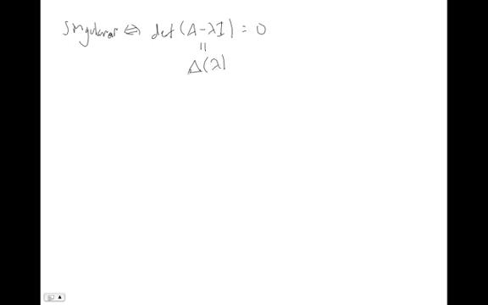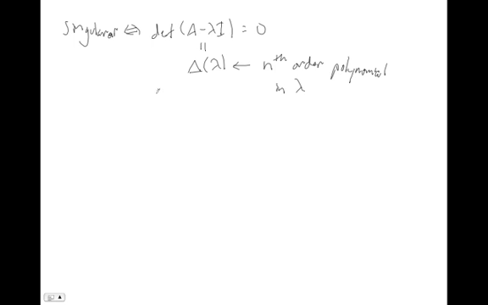I'm not going to review how to solve for determinants. You can do that yourself. Solving for 2x2 and 3x3 matrix determinants is very easy, and you should be able to do it by hand. But when you do that, if A is an n by n matrix, you're going to get an nth order polynomial in lambda.